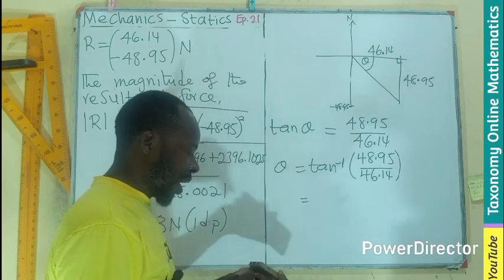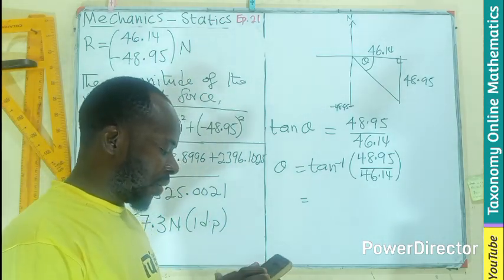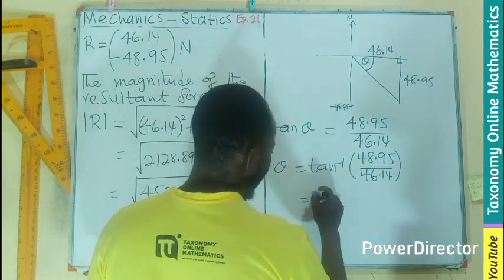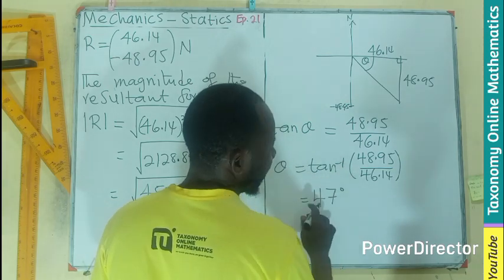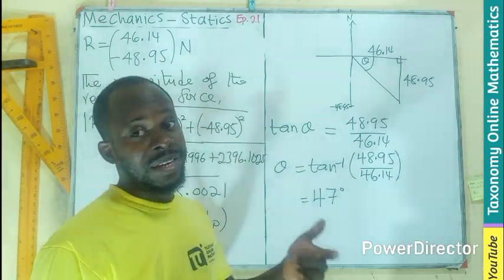Let's put that in our calculator and see the value of that angle. If you do that, you should have 46.69, so 47 degrees to the nearest whole number, or the nearest degree.